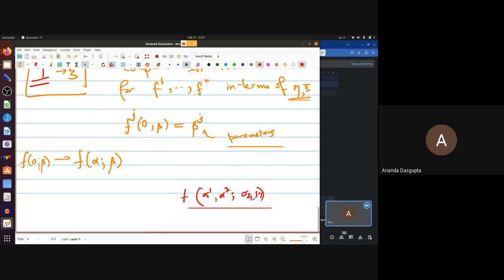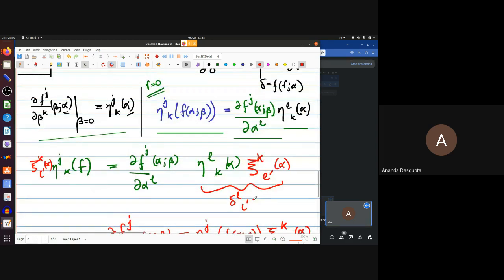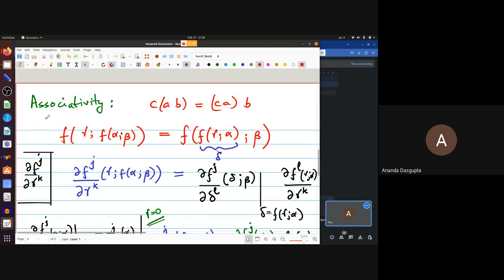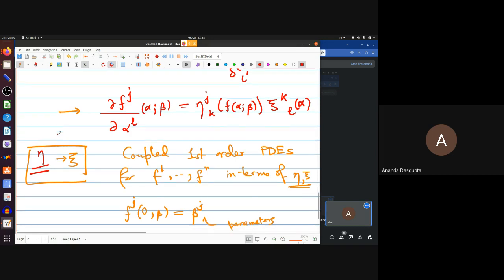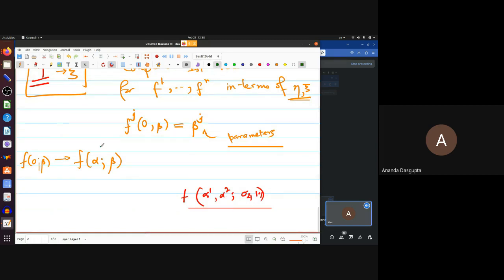Now, there may be some questions raised here. One is, we use associativity, right? We started with associativity, and from that you differentiated and ended up with this equation. But now, is it necessarily guaranteed that if I solve this equation, I will get an f which obeys associativity? The answer is non-trivial.